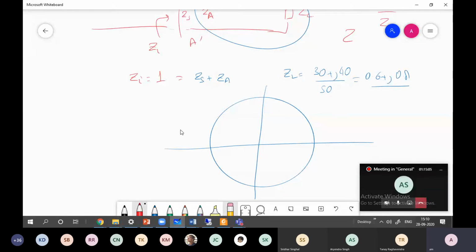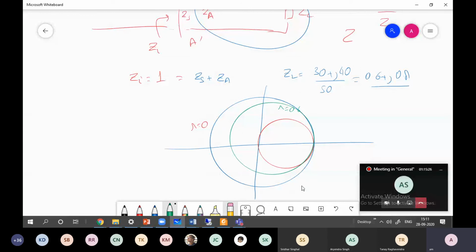This is the R equals 0 circle, this is the R equals 1 circle, and R equals 0.6 will be somewhere in between.